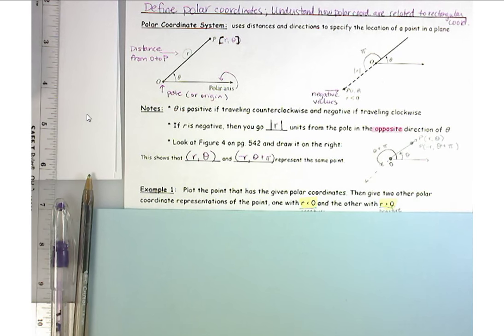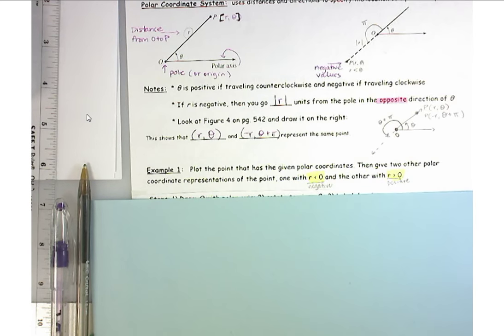All right, we're going to look at example 1, and then we're actually going to go back to what we did in our packet. So for example 1, you're going to plot the point that has the given polar coordinates. So the first thing it says is that r is less than 0.